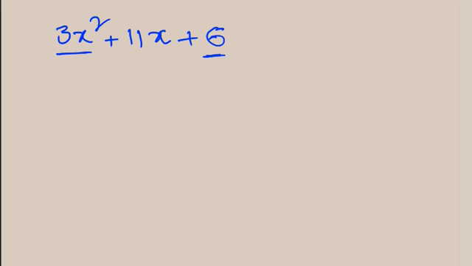At this time we have to multiply this 3 and the last constant term. This is the only thing we have to change for this different problem, that means if x square has any coefficient except 1. So multiply these two, 3 into 6, 3 sixes are 18.